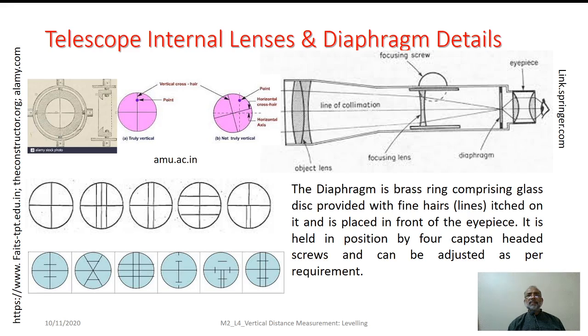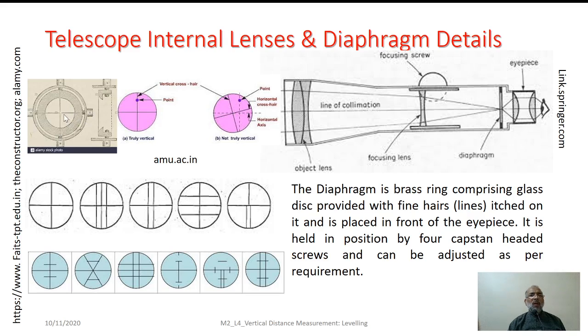readings. So the way I mentioned earlier, this is the arrangement of the diaphragm. What you see is nothing but the vertical hair, horizontal hair. This horizontal hair and vertical hair are each on circular glass piece.